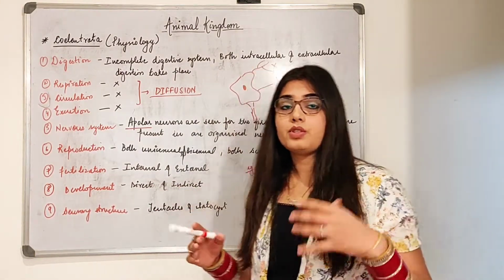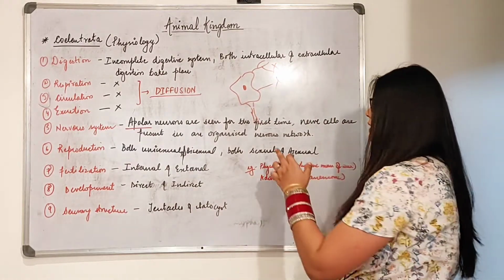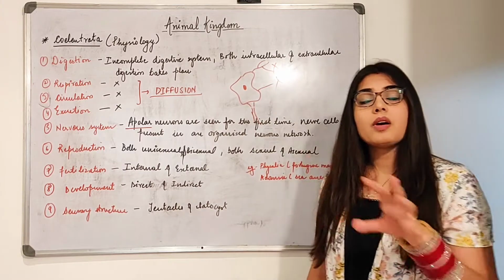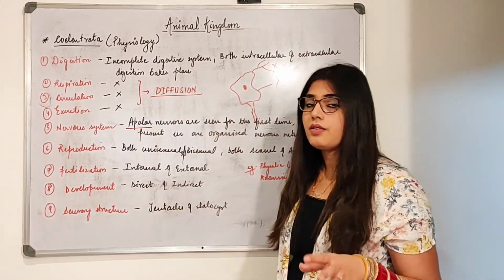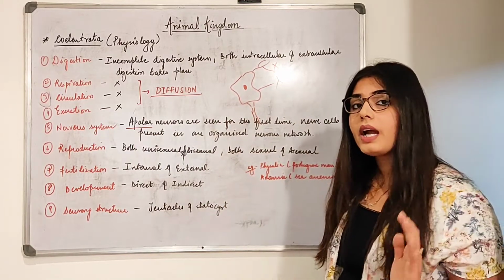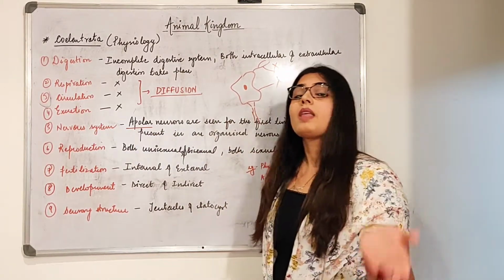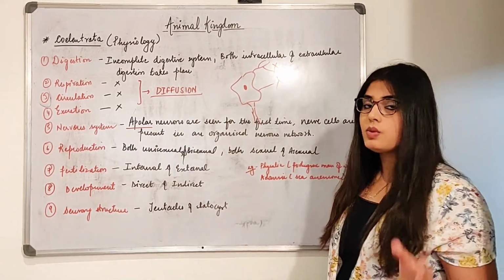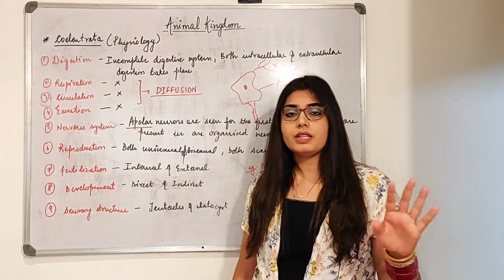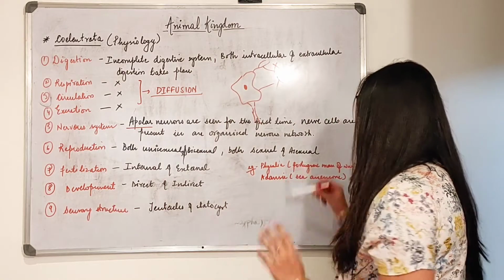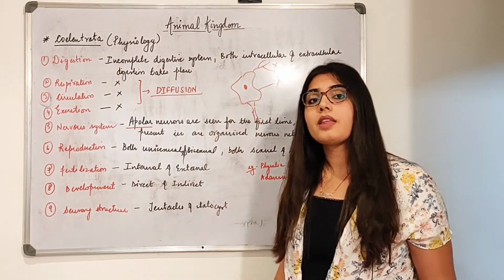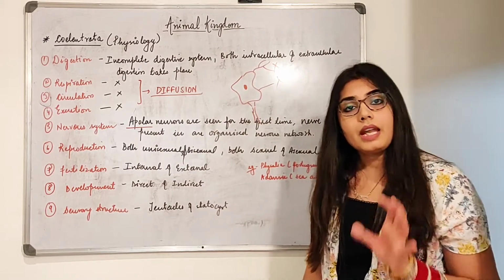So a neuronal network is present inside their bodies. The nervous system is not very well developed. What kind of neurons are present? Apolar neurons, which just have the cell body. They do not have any axon or dendrites. And a nerve network is present inside their body, in which the neurons are grouped together to form a network.